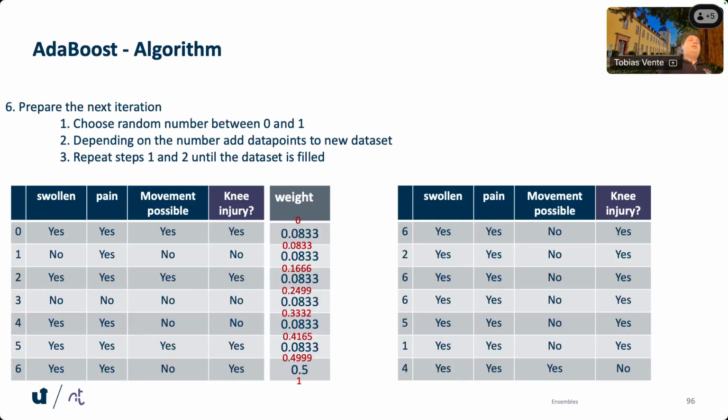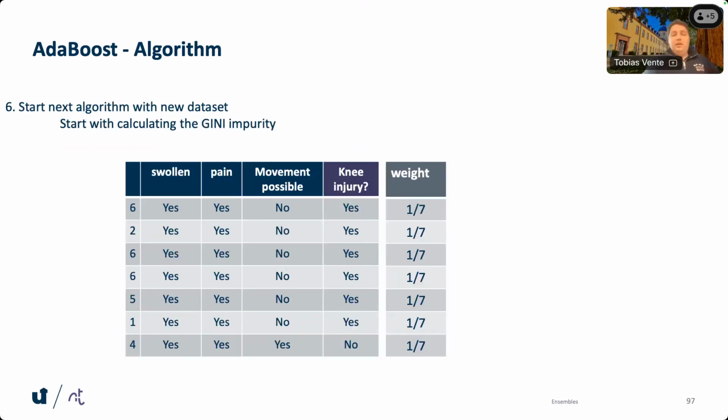If the next tree makes the same error again, it will first of all get a lot lower amount of say, because it didn't make things better. And second, it would focus even more on the misclassified data points. If you do this a few times, you basically end up with only the data points that you misclassified previously. And this is the sequential part of it.